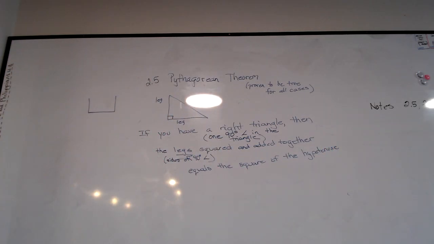How would you identify the hypotenuse on this drawing up here? Lil, how would you identify what is the hypotenuse? Looking at your picture, what do you think the hypotenuse is? I'll give you a hint, it's not the legs. You don't know, okay?